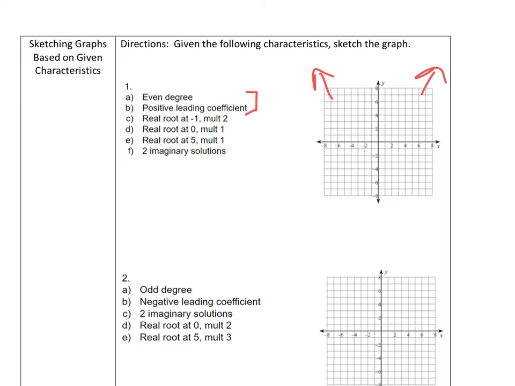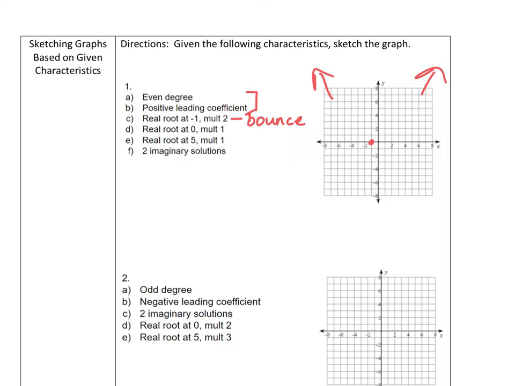Then what I want to look at is it's telling me my roots. So I have a root at -1 with a multiplicity of 2. Is 2 going to be a through or a bounce? Well, it's even, so it's definitely going to be a bounce. And I'm going to go ahead and put the dot at -1 because that's where the root is, okay?